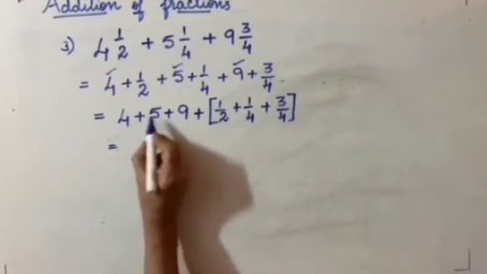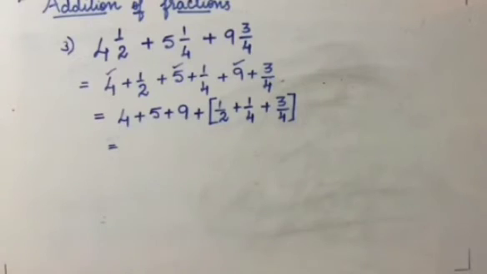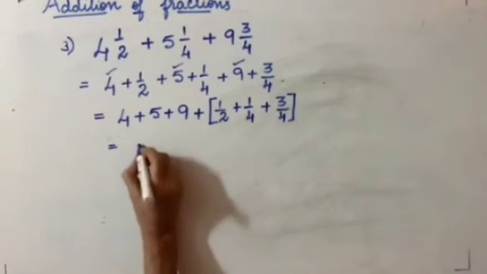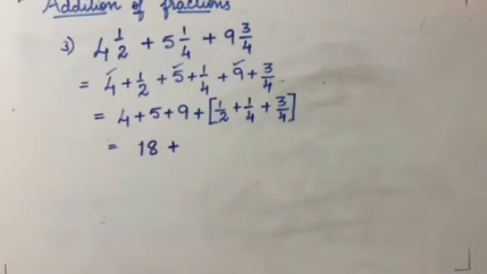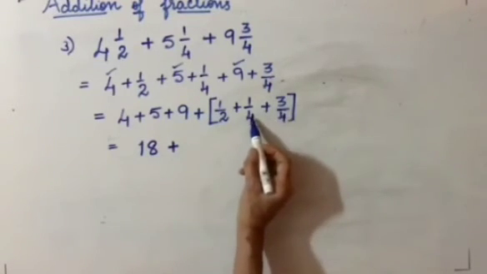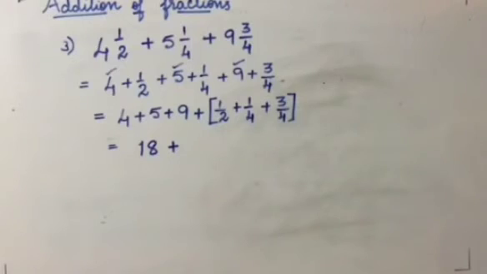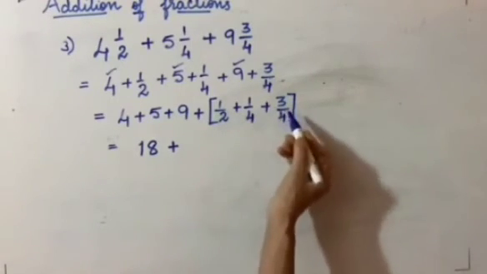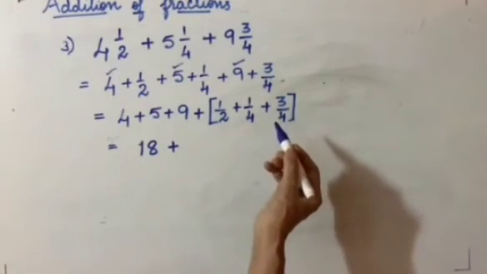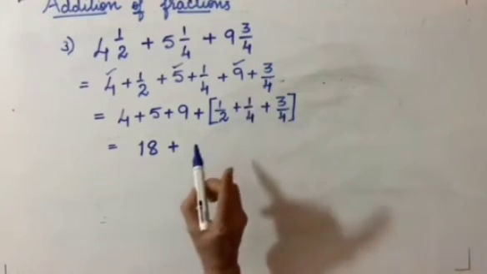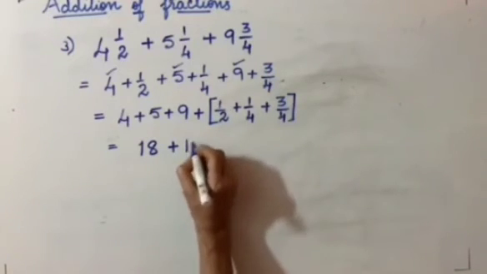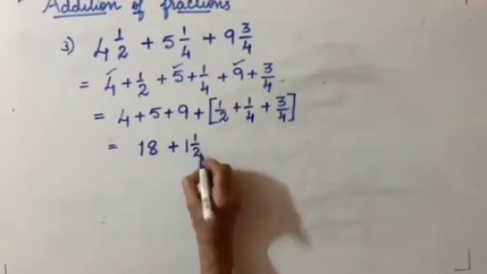So 4 plus 5 plus 9 is what? 18. Agreed? Plus 3 quarter plus 1 quarter is 1. You can add in any way, but I am making it simple for you. 3/4 plus quarter is 1 and 1 plus half is 1 and half.